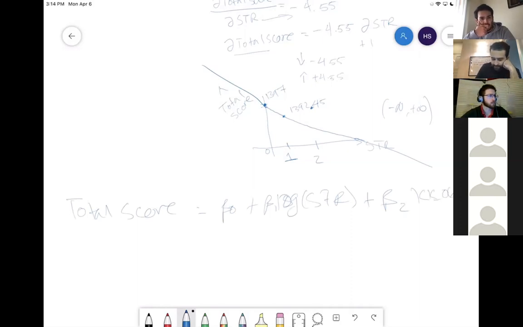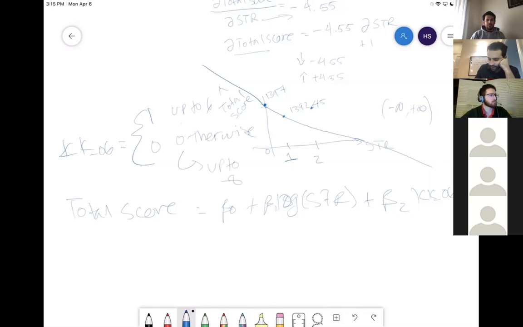Where KK06 is going to be a 1 if the school is up to grade 6, and a 0 otherwise. Otherwise really means in this case up to grade 8. Make sense?